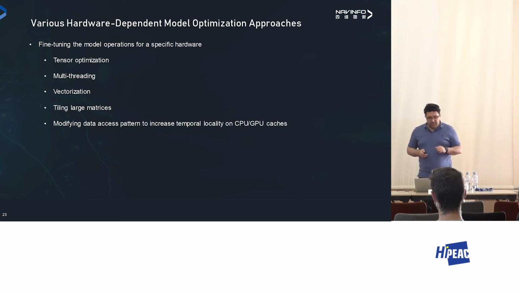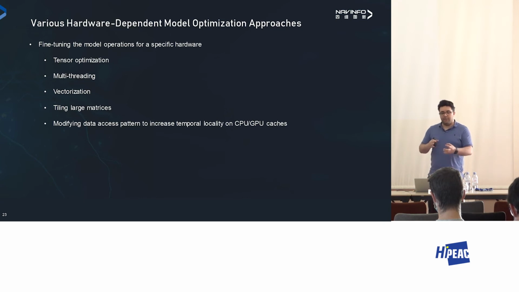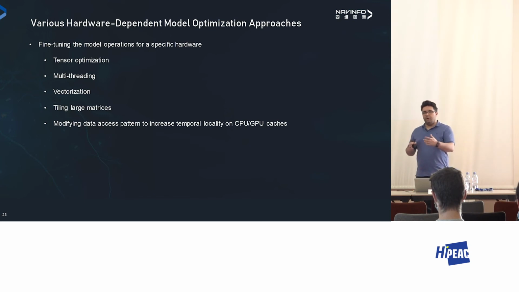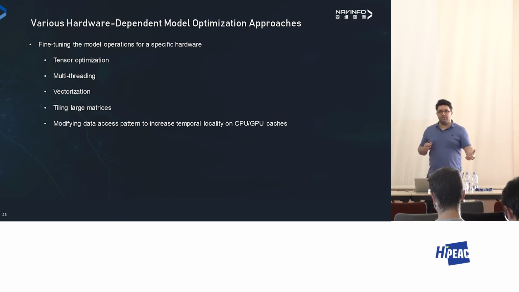So the first one is that we can have something like tensor optimization. So that is like how the operations that are going to be done, the computing operations, can be simply optimized. Imagine that in the calculation of deep learning, we usually have lots of multiplication additions.